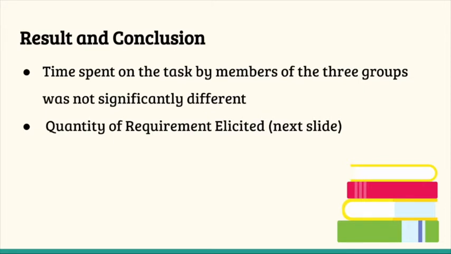Here are the findings of the experiment. Firstly, the researchers found out that the time spent on tasks by members of the 3 groups was not significantly different, indicating that any differences between groups were not a result of the amount of time spent considering the problem. The quantitative result is shown on the next slide.